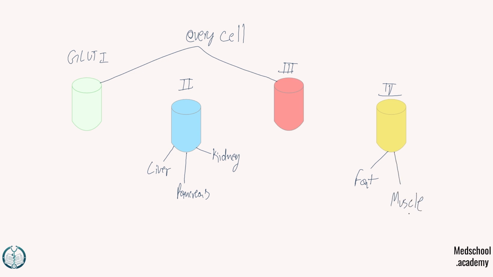So there's a big difference between 1, 2, 3, and 4, and that big difference is that GLUT4 is insulin dependent, meaning it will only work in the presence of insulin, whereas 1, 2, and 3 do not depend on insulin. But GLUT4, which is found on fat and muscle cells, is insulin dependent.